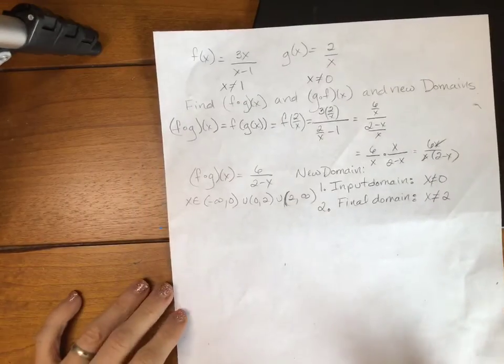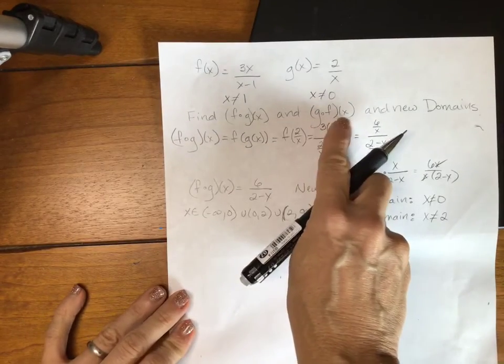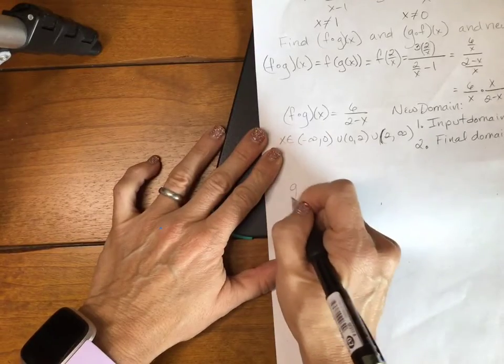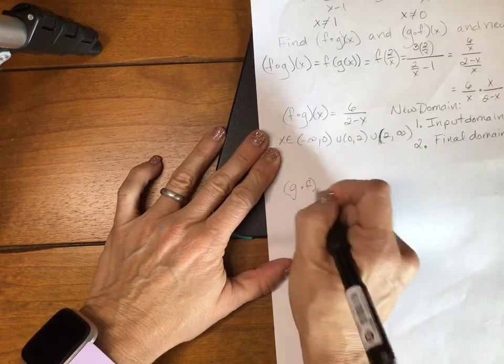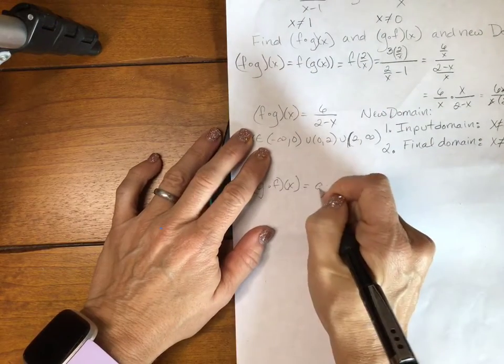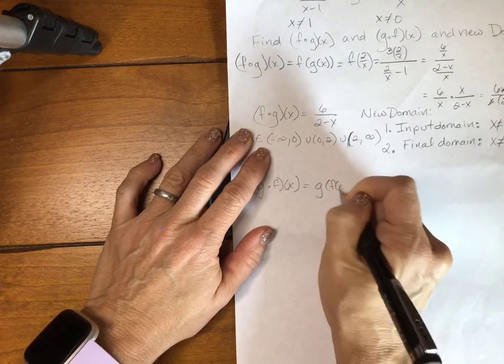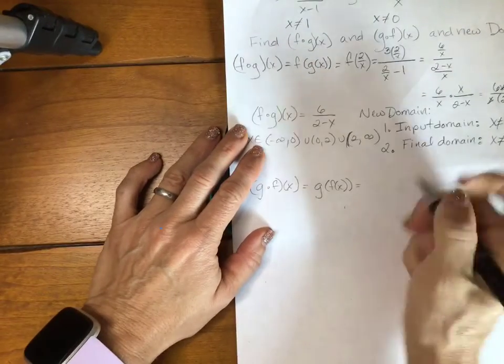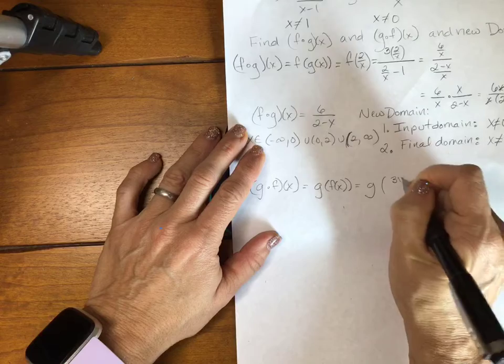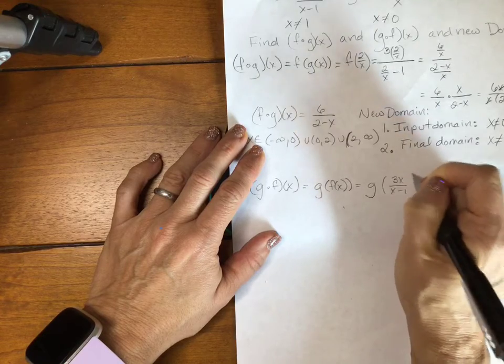All right, so we also said up here we wanted to find g of f of x and its new domain. So g of f of x is where I input function f into g. So g of function f is 3x all over x minus 1.